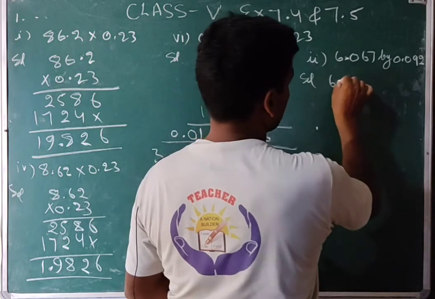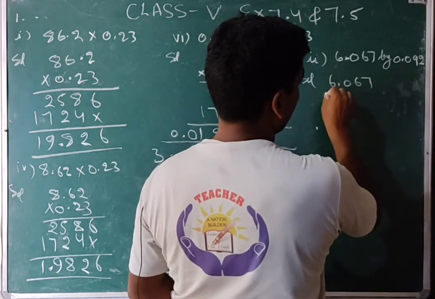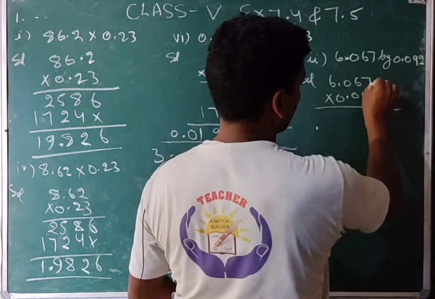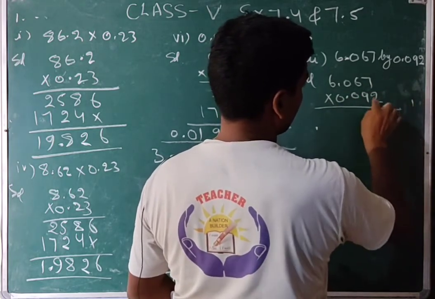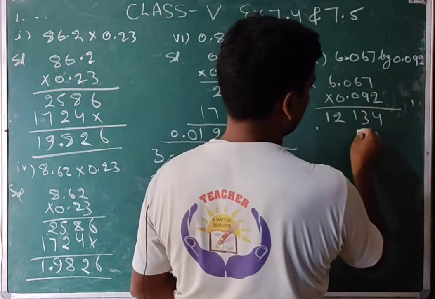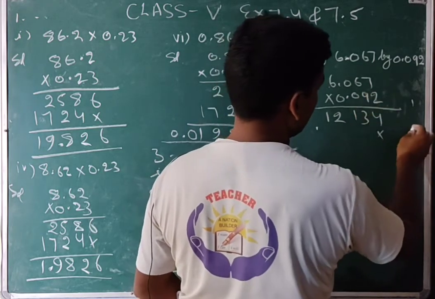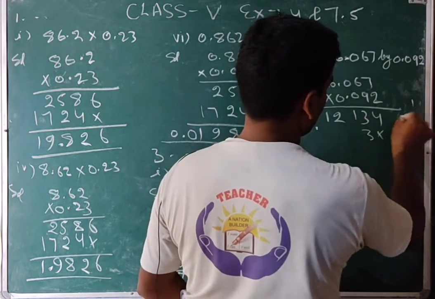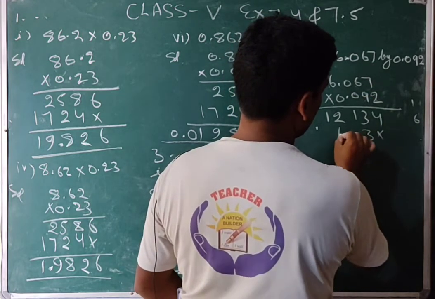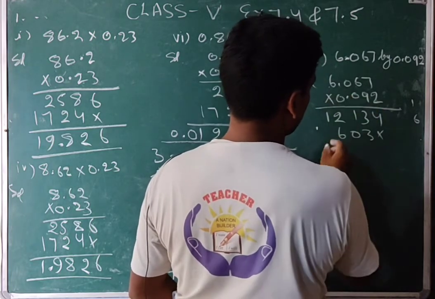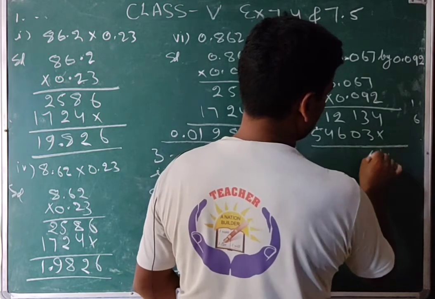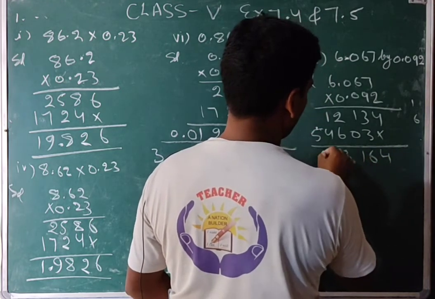So solution: 6.067 multiply by 0.092 and then 2 7s are 14 carry 1, 2 6s are 12, 1 13, 2 6s are 12, and then 9 7s are 63, 9 6s are 54, that will be 60, and 9 6s are 54 and then add 4 6 1 8 5 5.